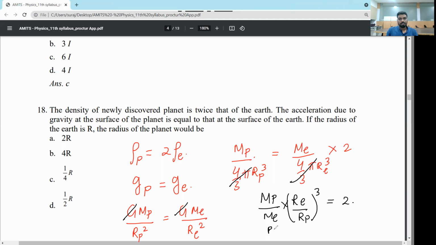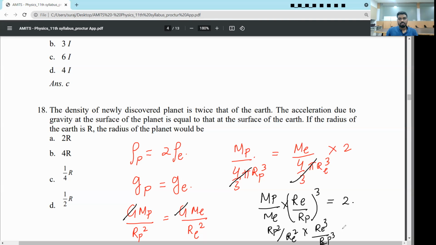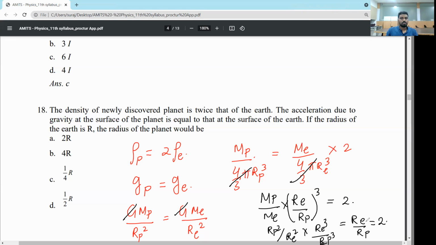So this is rp square by re square into re cube by rp cube. So this becomes re by rp equal to 2. So what they are asking, radius of planet is half of the radius of earth. Answer will be radius of planet will be half of radius of the earth.